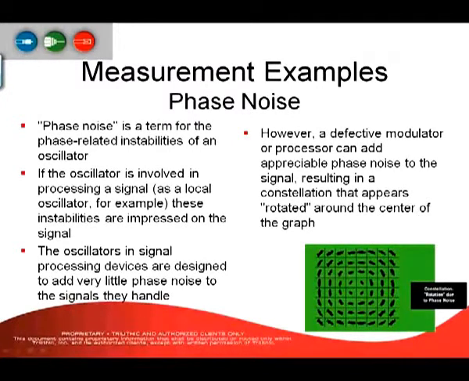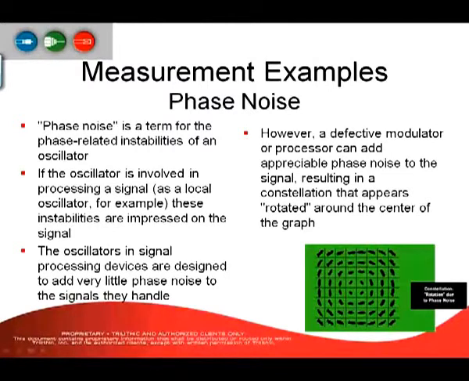Now there's also phase noise. Phase noise is a term related to instabilities of an oscillator. This is a head-end type of issue that could come up. The oscillator is involved in processing of a signal as a local oscillator, for example, and these instabilities are impressed on the signal itself.